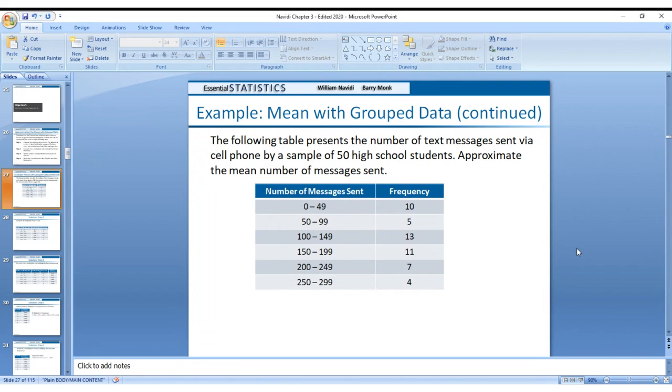And then for 150 to 199, there are 11. And then we're starting to come down now. 200 to 249, there were 7 folks. And then 250 to 299 texts, there was 4. So all the data that we have for the 50 students falls in those categories.